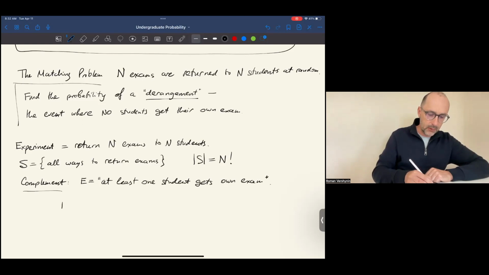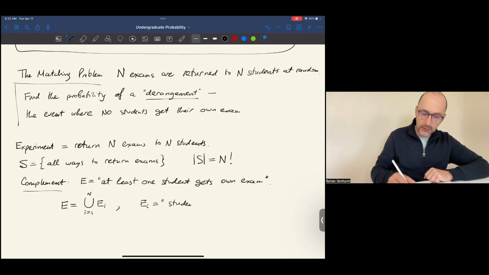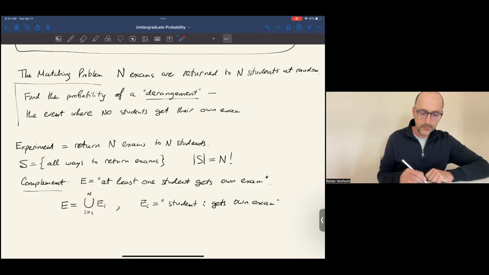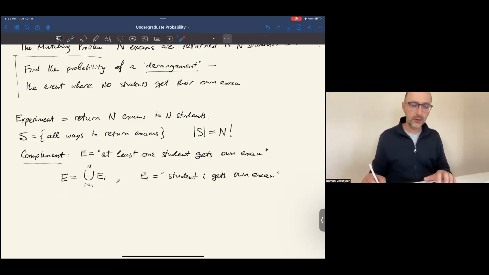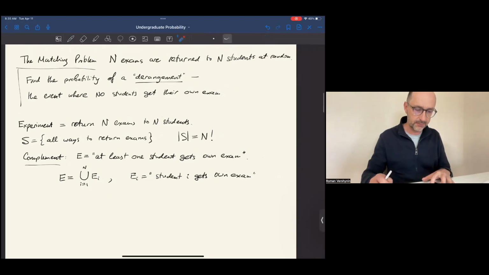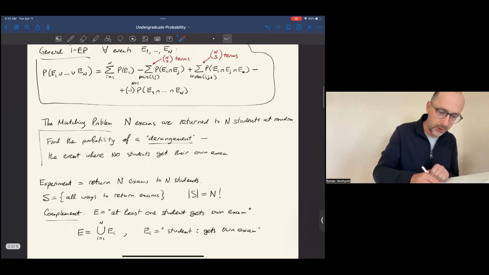There are n students, so this event is the union of the events Ei, where Ei is the event that the particular student, student i, gets their own exam. Remember that the union stands for the logical operation OR. At least one student gets their own exam means that the union happens. The probability of this union will be computed using the inclusion-exclusion principle. This formula.